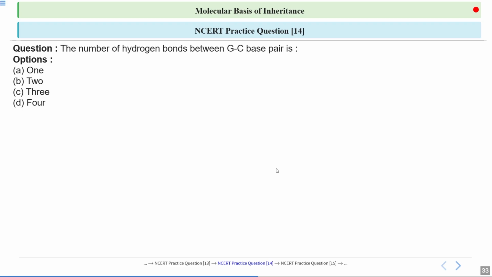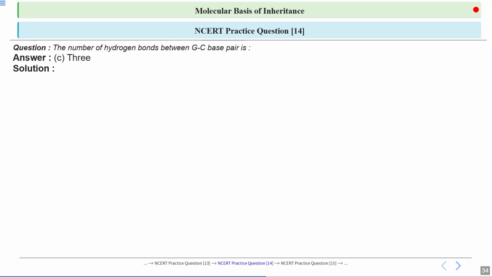Now the next question: the number of hydrogen bonds between G and C base pair. Again, a very straightforward question. Guanine and cytosine: is it 1, 2, 3 or 4? Let's have a look at the answer.